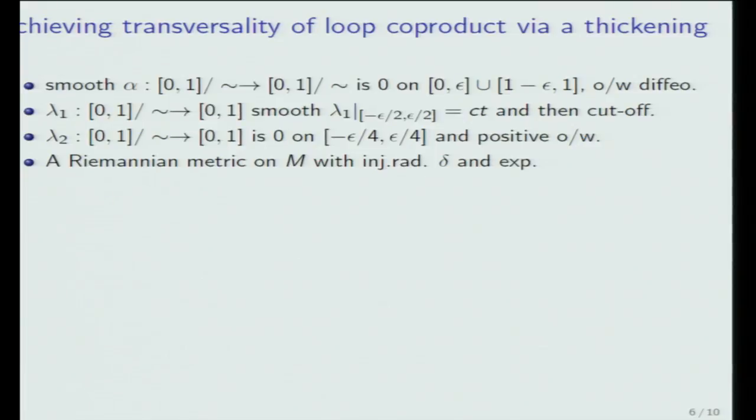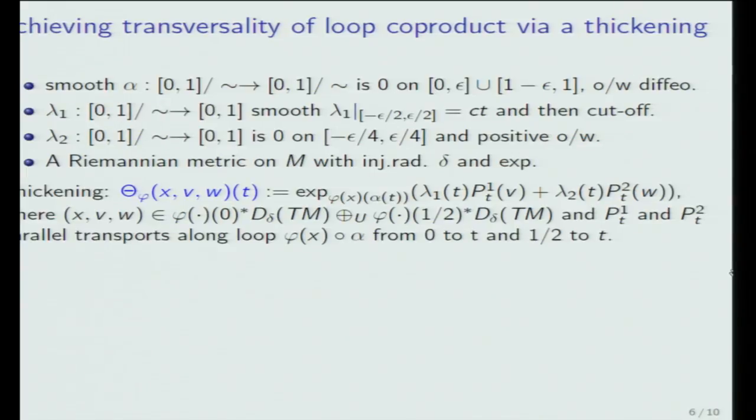Lambda 2 vanishes near the base point, and lambda 1 has specific behavior near the base point. Then you choose a Riemannian metric on M, which has an injectivity radius delta and gives you an exponential map where you can add vector fields.